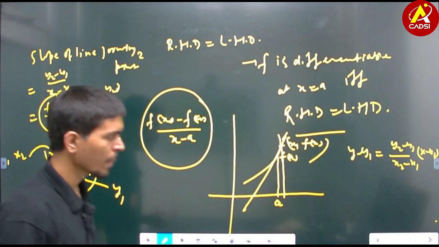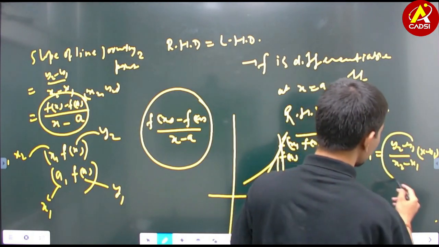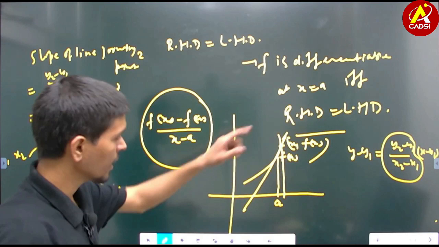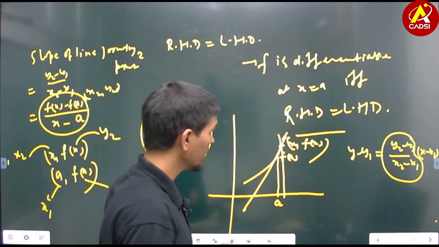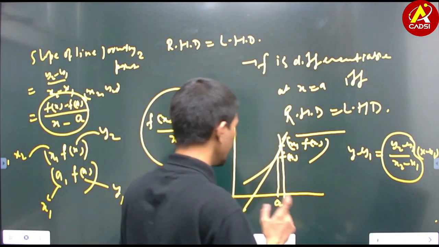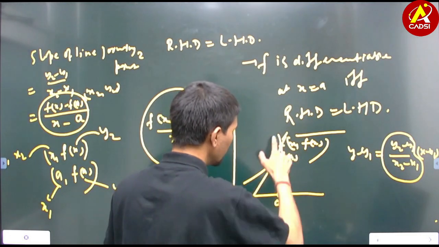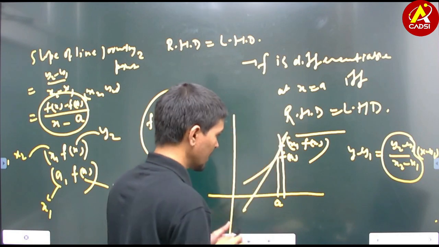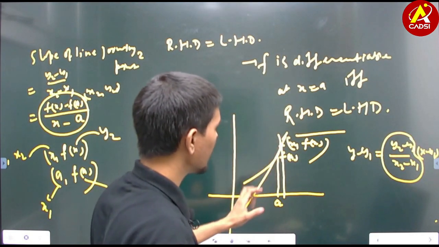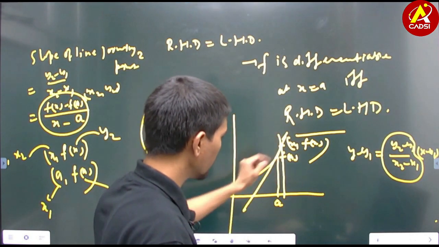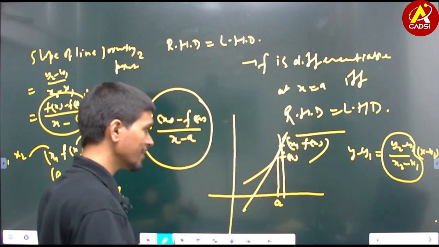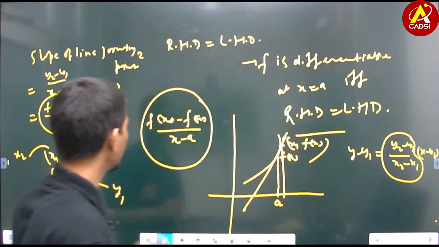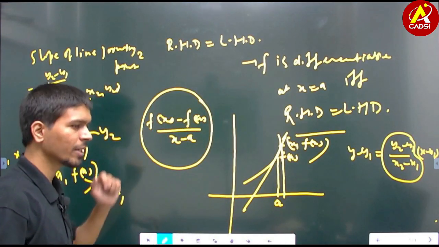And this is nothing but the slope of this line. But one condition is here: this line touches the curve, and touching means that this is the tangent at this point on the curve. So we can say that the slope of the tangent is (f of x minus f of a) upon (x minus a).